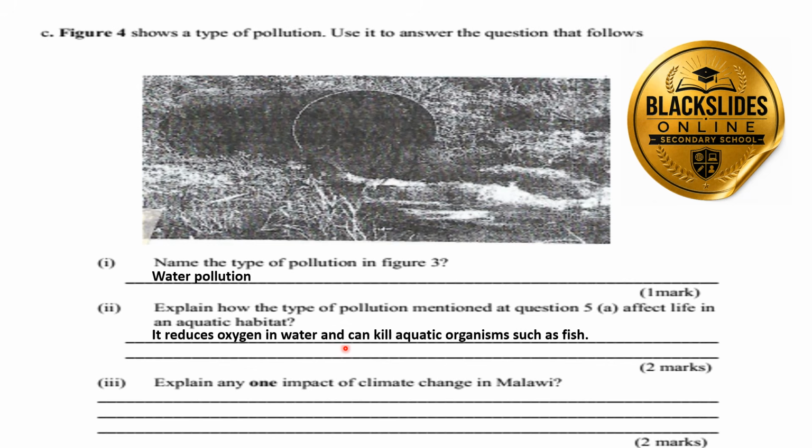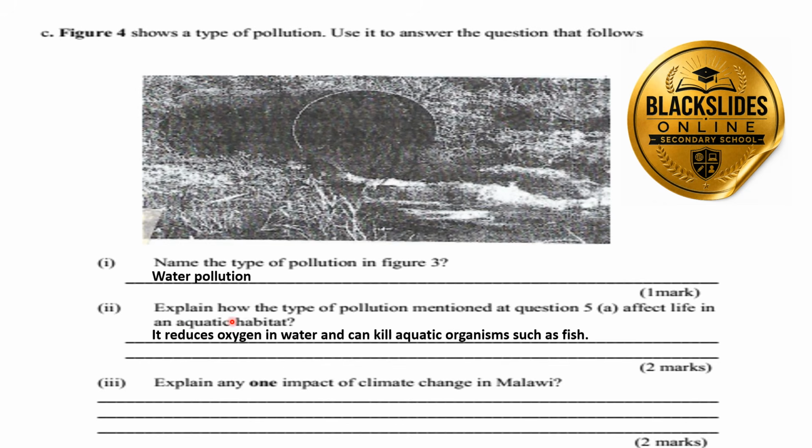So without adequate light, the plants in the water cannot photosynthesize, and therefore they will die. This, in the end, removes oxygen from reaching the aquatic animals.